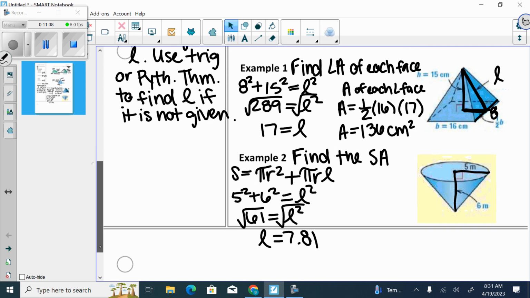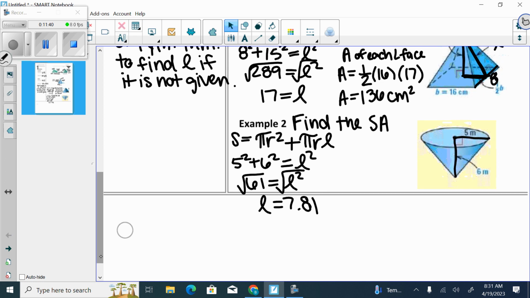Now I'm just going to plug that into our formula here. So we've got pi r squared plus pi times r times that slant height. Again, if we were trying to keep it exact, we wouldn't multiply by the pi.